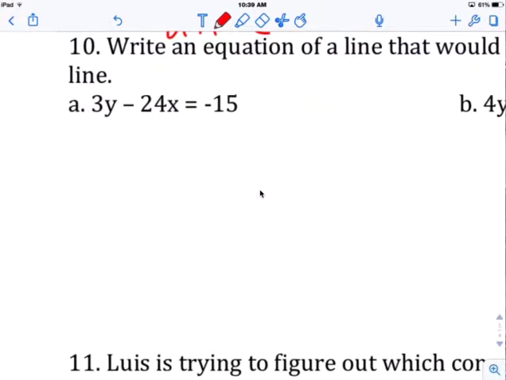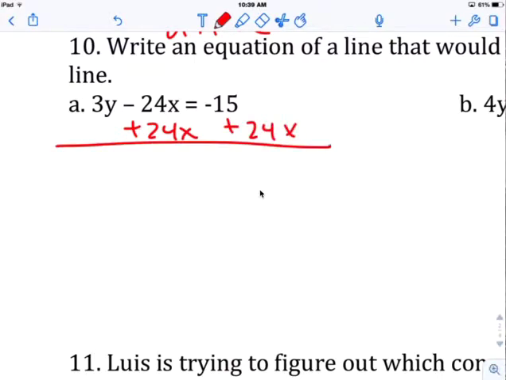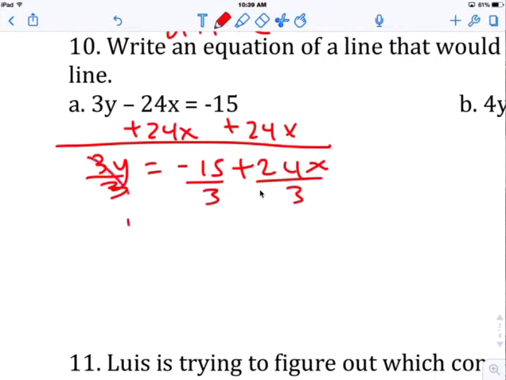Okay? So let's add 24x, add 24x. It didn't say to explain. 3y equals negative 15 plus 24x. Divide by 3. y equals negative 5 plus 8x.